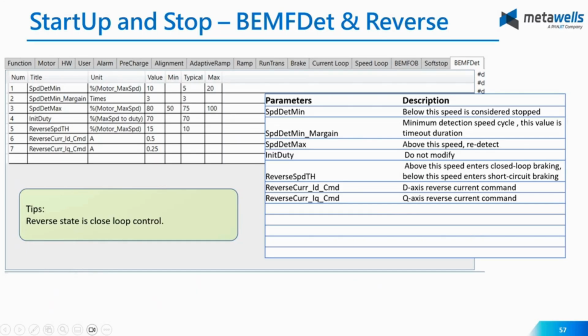In general, the stronger the reverse wind, the bigger the load, so we have to use a higher IQ braking current here. And typically we can set ID to 1 to 2 times the value of IQ.